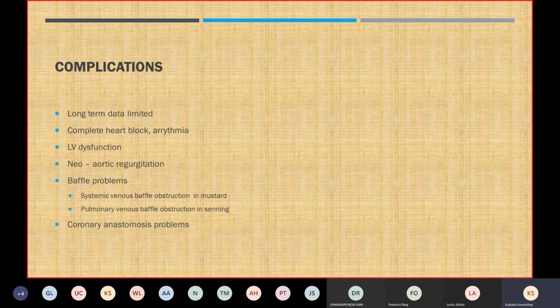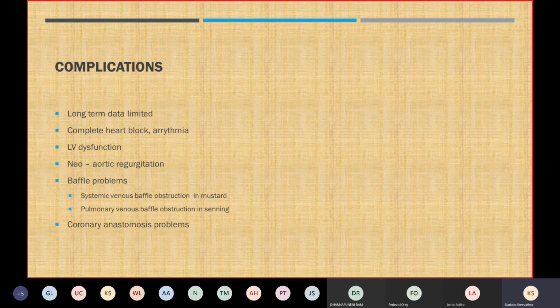Since we are adding on baffle surgeries in this case, you can have problems with baffles like systemic venous baffle obstruction when you do a Mustard's type of baffle, because it's a pericardial patch. If you don't take an adequate size patch, you can have a significant systemic venous baffle obstruction.